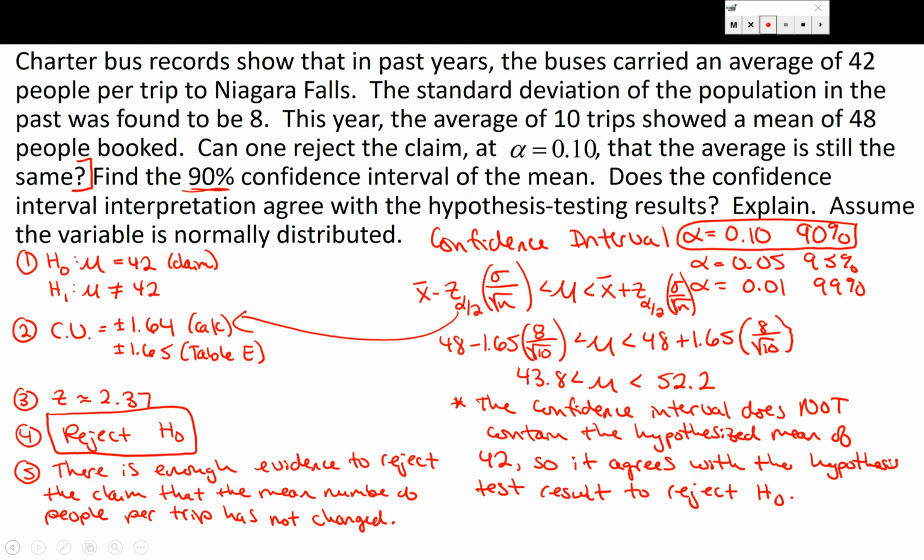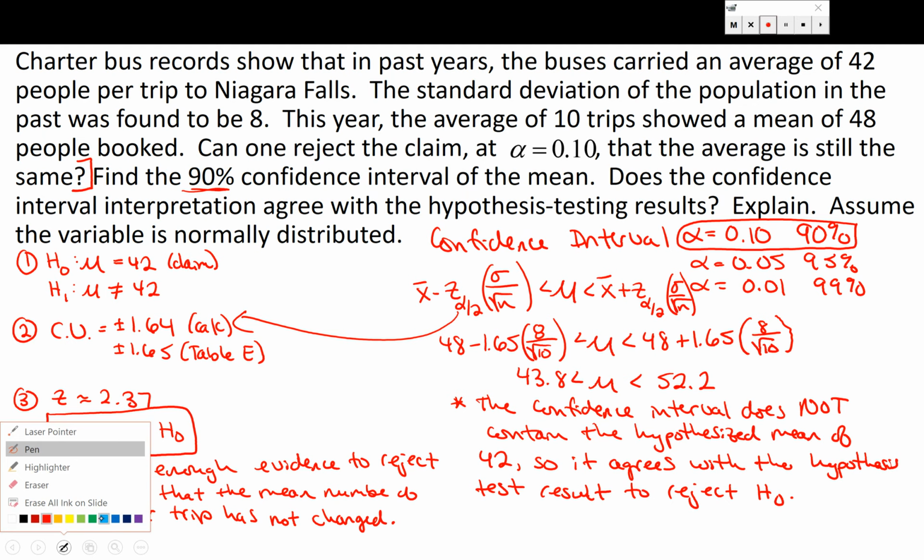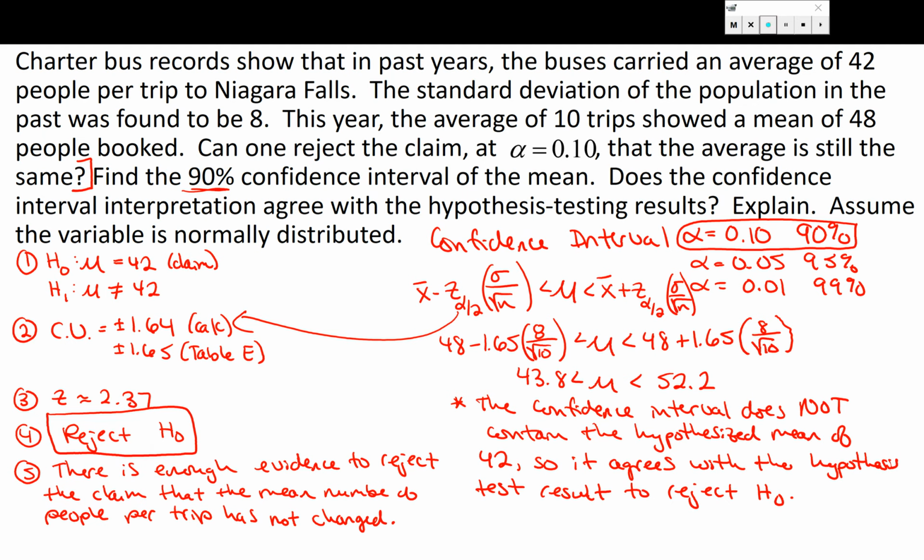There we go. So again, and I know we stated this on our very first piece today, if you reject the null hypothesis, the value in your hypotheses, whether it's a mean, a proportion, standard deviation, variance, whatever it happens to be, should not be in your confidence interval.